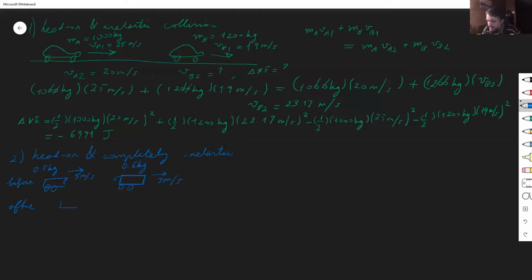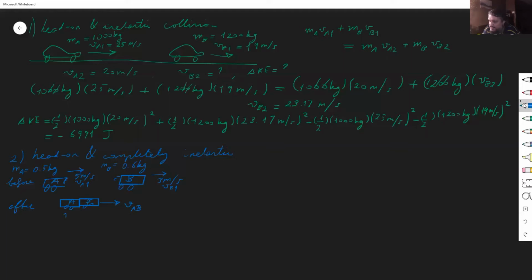After the collision, now these two become one. A, B, this is MA, this is MB, this is VA1, and this is VB1. Both A and B move with the same speed now, an unknown speed. Let's call it VAB.